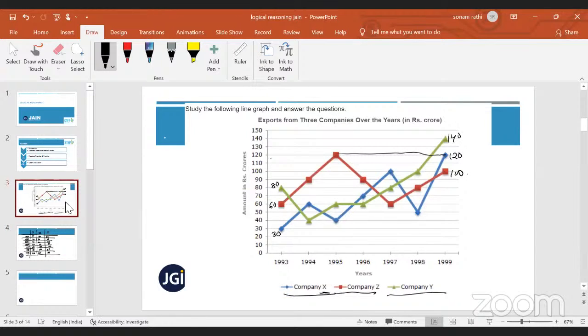Reading a line chart is not difficult. Everyone understood the data? 3 companies and their exports are given to you in crores. So this is 30 crore, 60 crore, 80 crore, like this. Okay, let's see questions now.